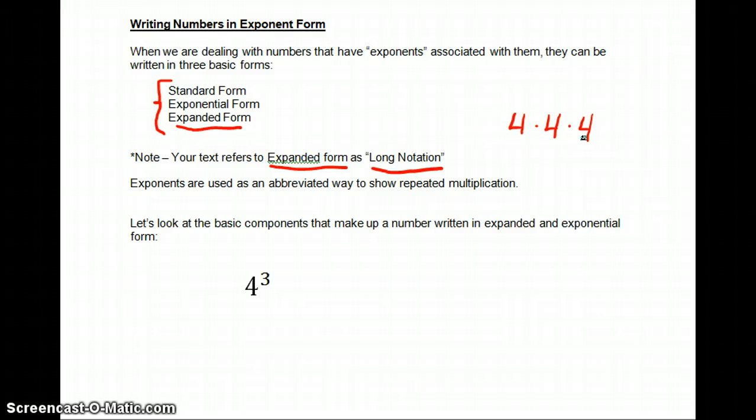Whenever the problem is small, sure, we can do it that way. But if the problem is very large, like 4 to the 95th power, nobody wants to have to sit there and multiply 4 by itself 95 times. That is cumbersome. It's going to take you a long time.